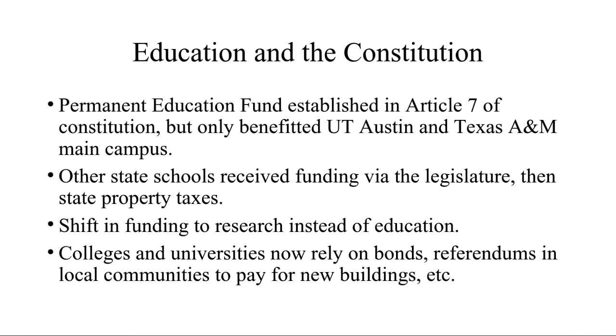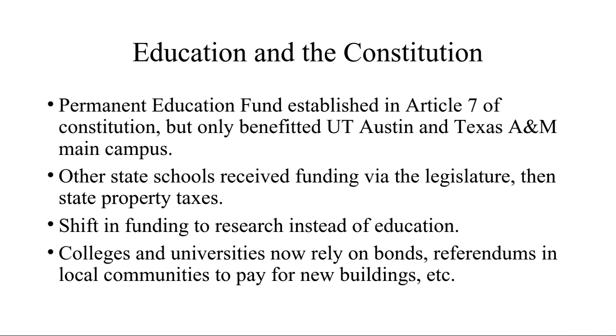All right, in terms of education, in Article 7 of the Constitution, there was the creation of what's called the Permanent Education Fund, or the PEF. Unfortunately, this only exists to fund the UT and A&M systems.